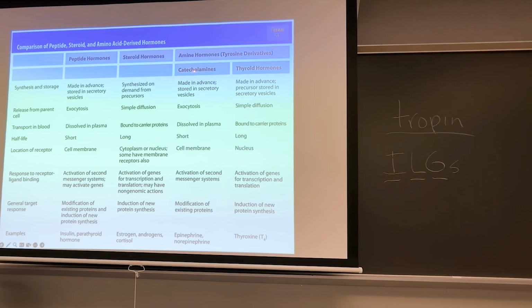This word here, catechol, means benzene. So it's a benzene amine. So you take a benzene ring and you add an amino group to it. I mean, that's what you do. All you have to do is look at the structure of epinephrine, dopamine, or norepinephrine, and you'll see a benzene ring and then a modified amino group, or amine group. And that's where the names come from.